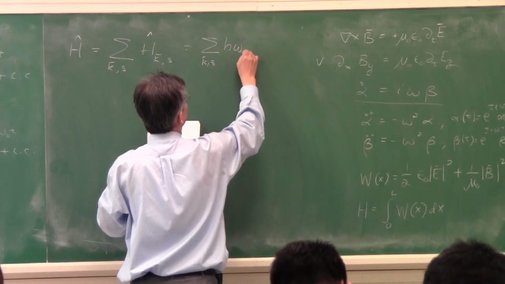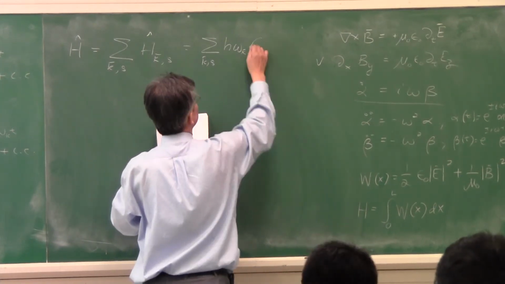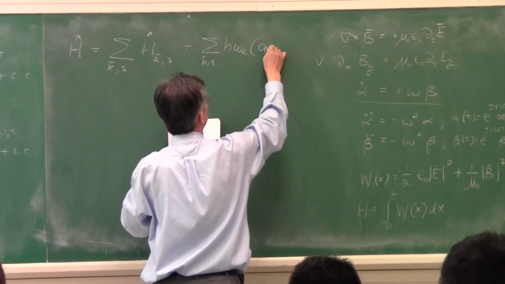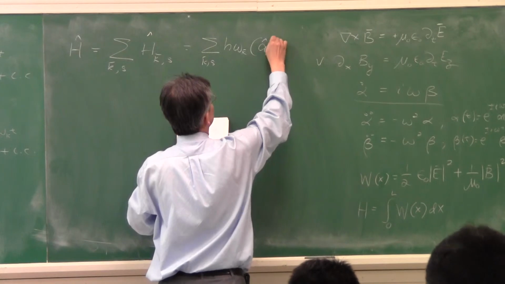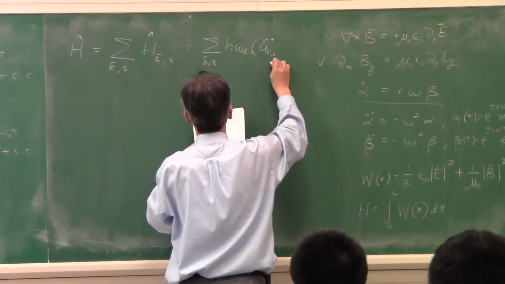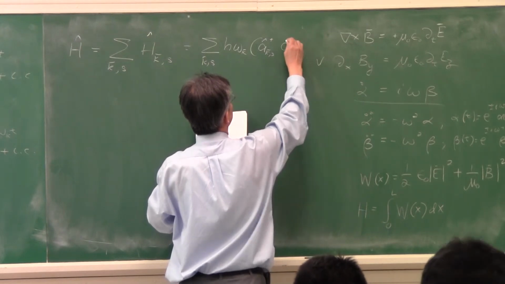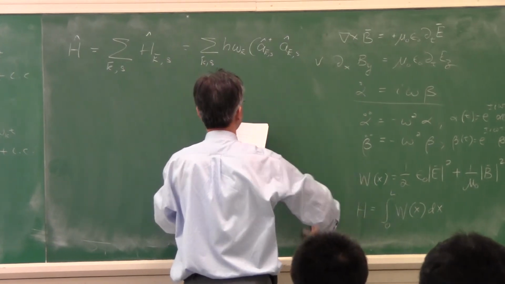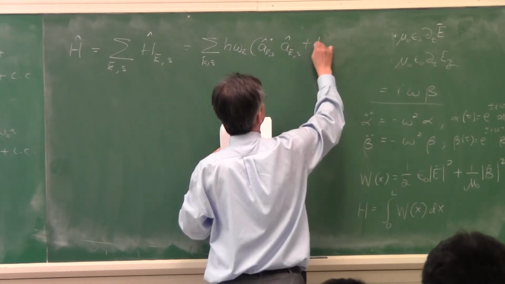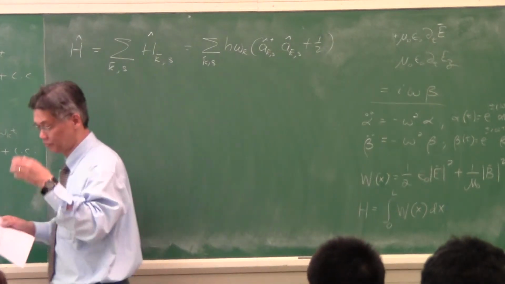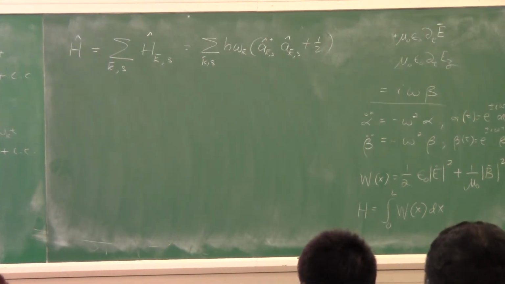Omega will depend on k, your plane wave mode, and then the annihilation and creation operators will also depend on k and the polarization. Polarization just denotes whether you're with the horizontally polarized case or the vertically polarized case. And then you will have a half. And this is the Hamiltonian for a general electromagnetic system in vacuum.